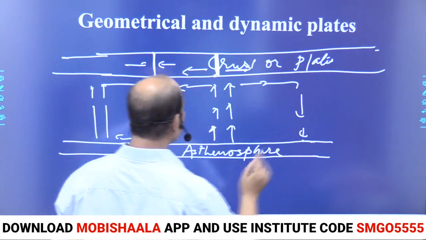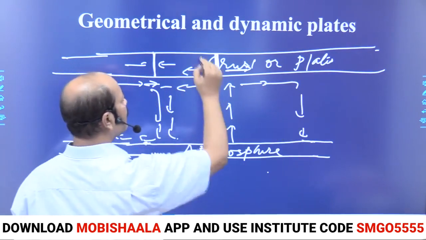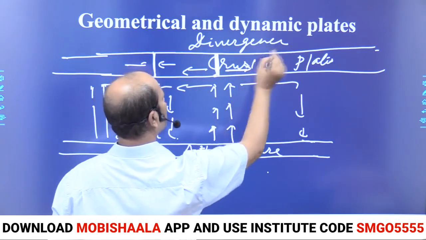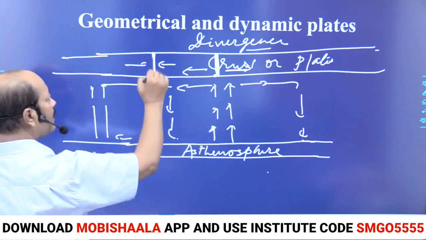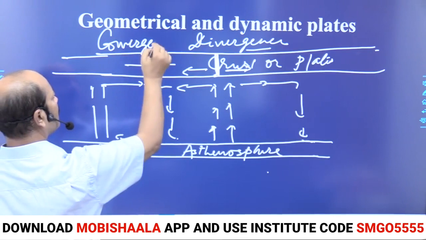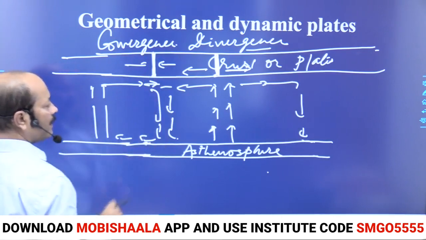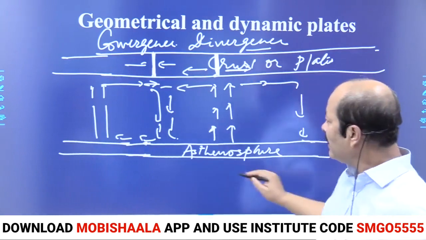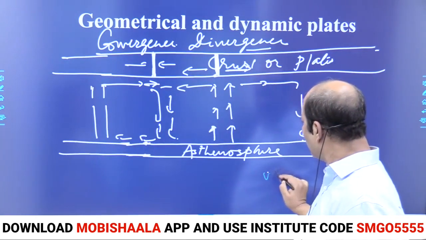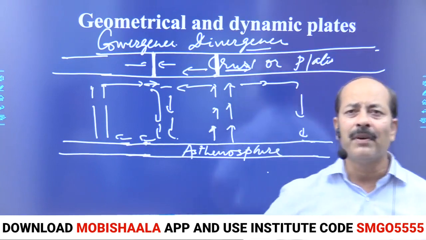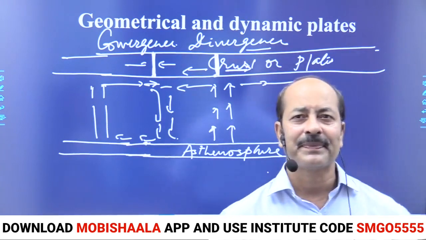In general language we can say in this area there is a divergence due to the movement of plates. Here in this area there is a convergence due to the movement of plates. Right? So write this: convectional current, force responsible for the movement of plates.